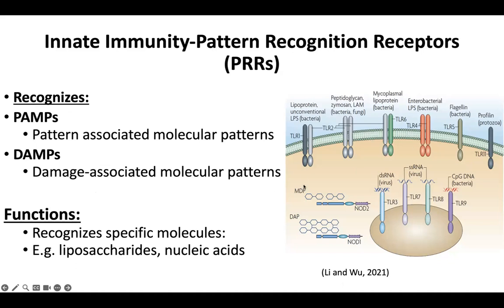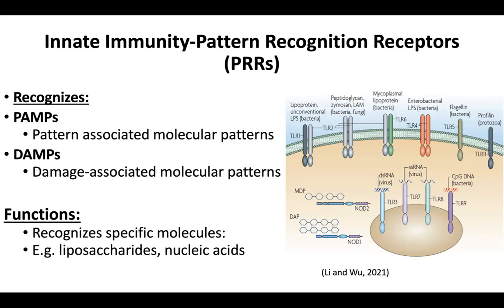The idea is that these receptors recognize specific types of molecules, such as lipopolysaccharides or proteins that are found in the microbes or the pathogens. The term we use to describe these molecules is pathogen-associated molecular patterns, or PAMPs.